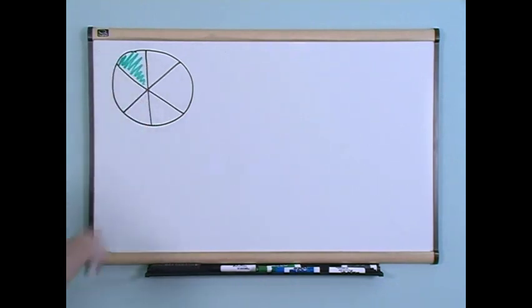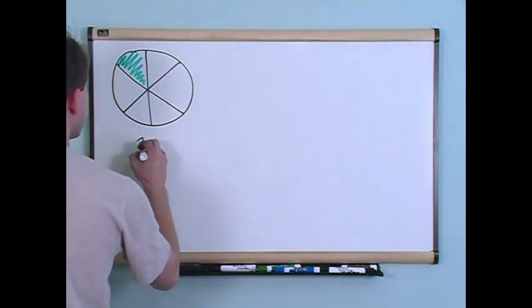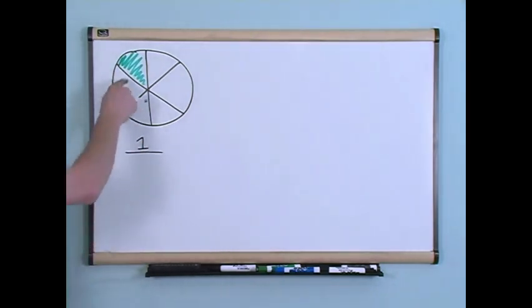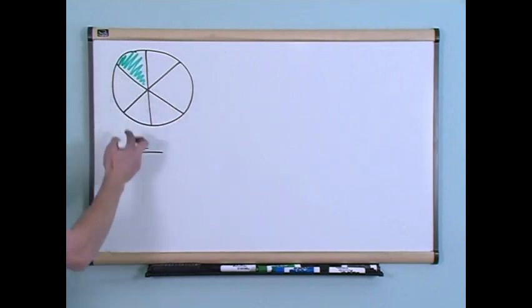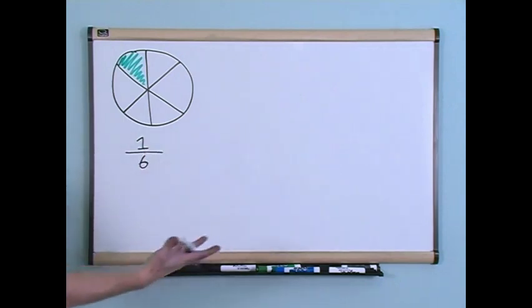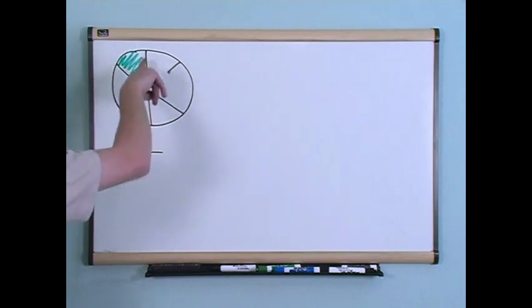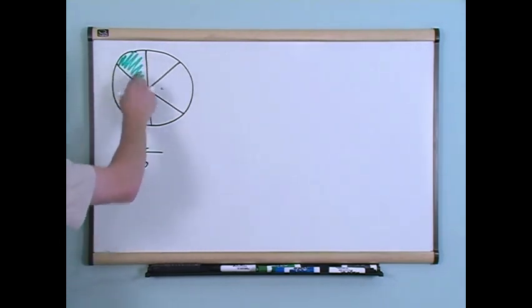Okay, you have one piece, so the 1 goes on the top, and the bottom number is, how many total pieces do you have? 1, 2, 3, 4, 5, 6 total pieces, so it's 6. So this is a fraction called 1/6, okay? It's just telling you that you don't have a whole pie, you have 1/6 of a pie, one piece out of 6 pieces.